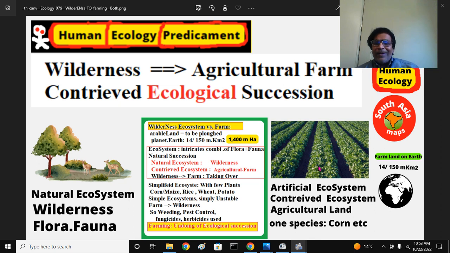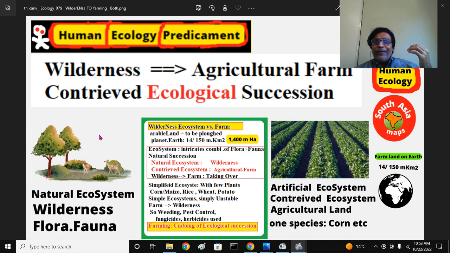That's what is called succession. That means nature is trying to take over that process. That means ecological succession. You contrive this against the natural principles. If you don't do anything, keep quiet after sowing the maize, one or two months later the entire field will again be almost like wilderness.